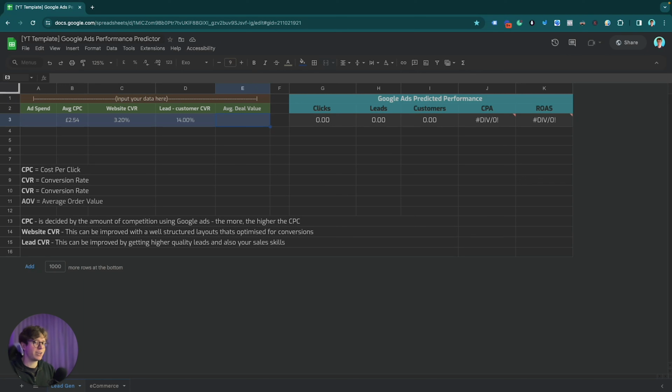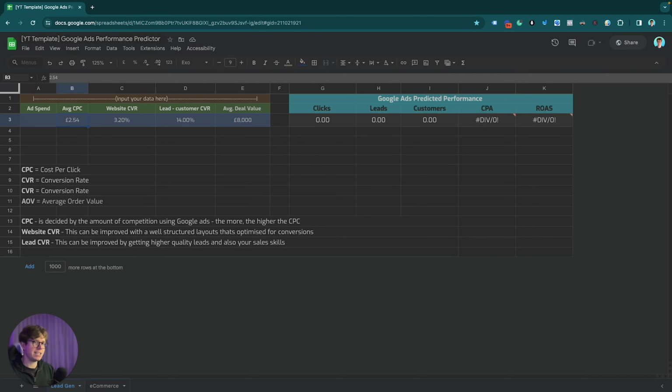The final one, we're going to do an average deal value. Now, the average deal value is what's going to really affect your ROAS on the right-hand side here. So ideally, similar to ecom, you wanted a higher AOV because you can spend more to acquire that customer. And similar to lead gen, having an average deal value that's high is more beneficial for your spending on Google Ads because you can spend more to achieve your customer. So a client I worked with previously was $8,000, well, £8,000 for this example, but we'll run with that.